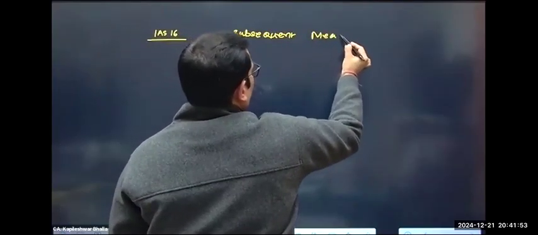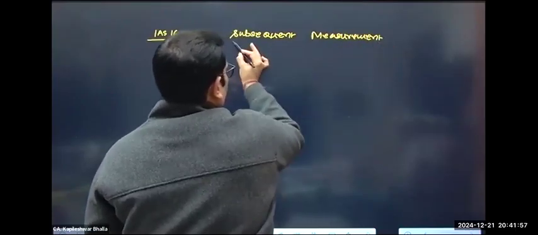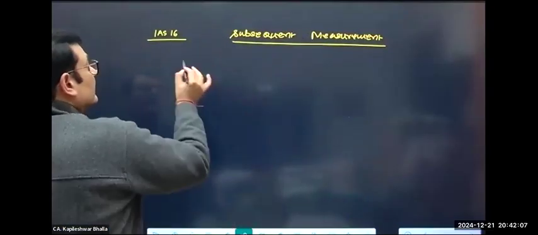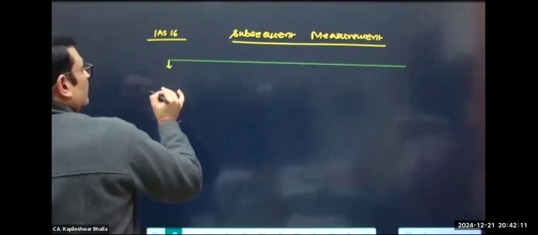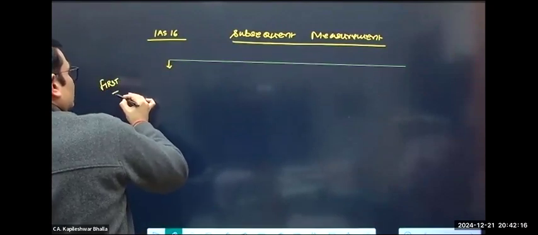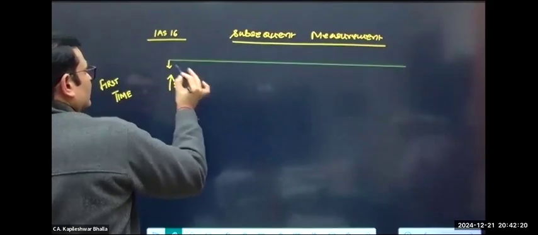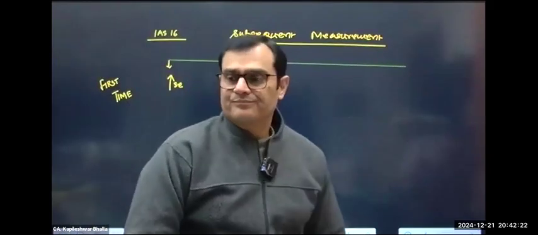one thing I want to clarify at this stage itself: in terms of subsequent measurement, the standard setters decided on two things. Now watch this logically. Number one, is it a first-time increase? When you revalue the asset, you get a gain.